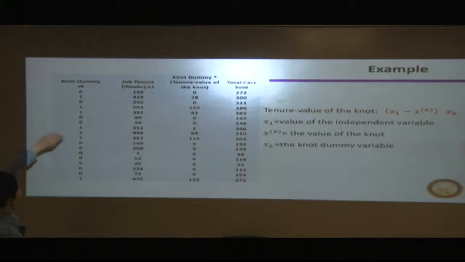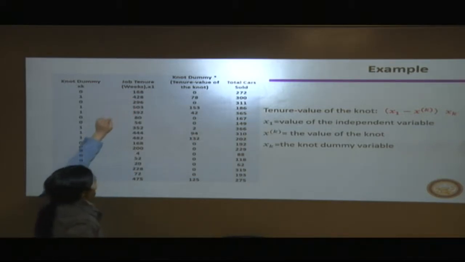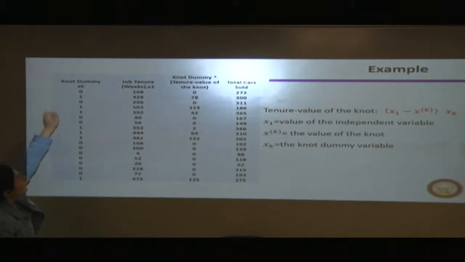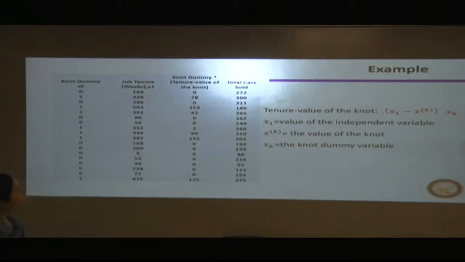So this is our dummy variable, because 168 is less than 350, the dummy equals 0, right? And 428 is greater than 350, so our dummy is equal to 1.